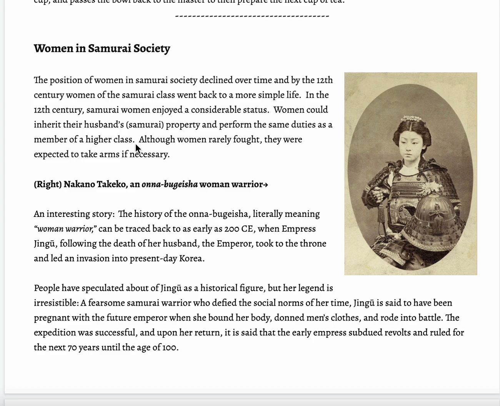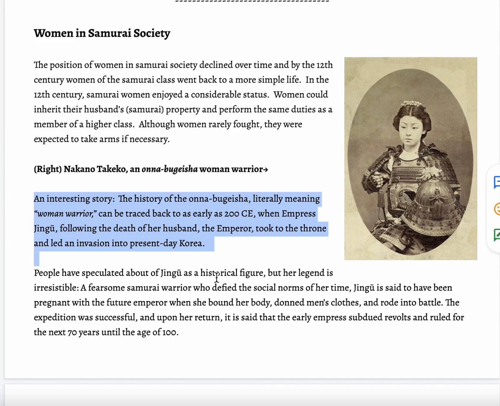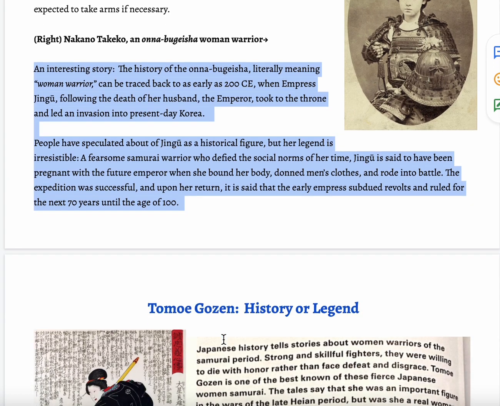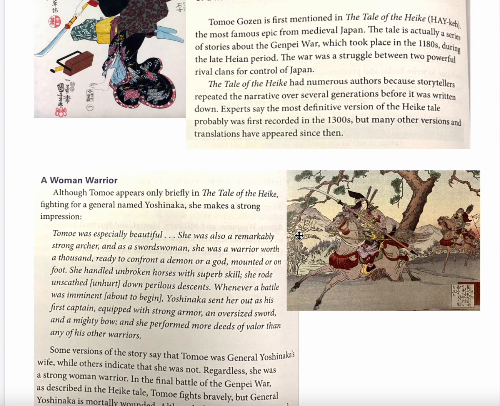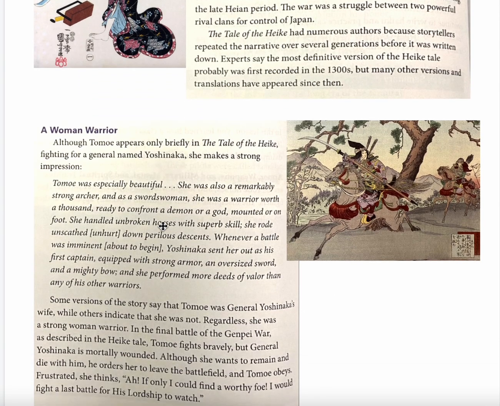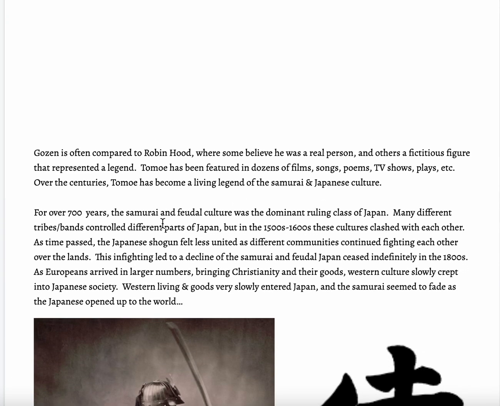And then also, women in samurai society. Nakano Taketo, a woman warrior, one who literally was a woman warrior who, like Joan of Arc, was a samurai who led Japan in fighting. And then Tomoe Gozen, the history of a samurai, a woman warrior who fought for Japan.